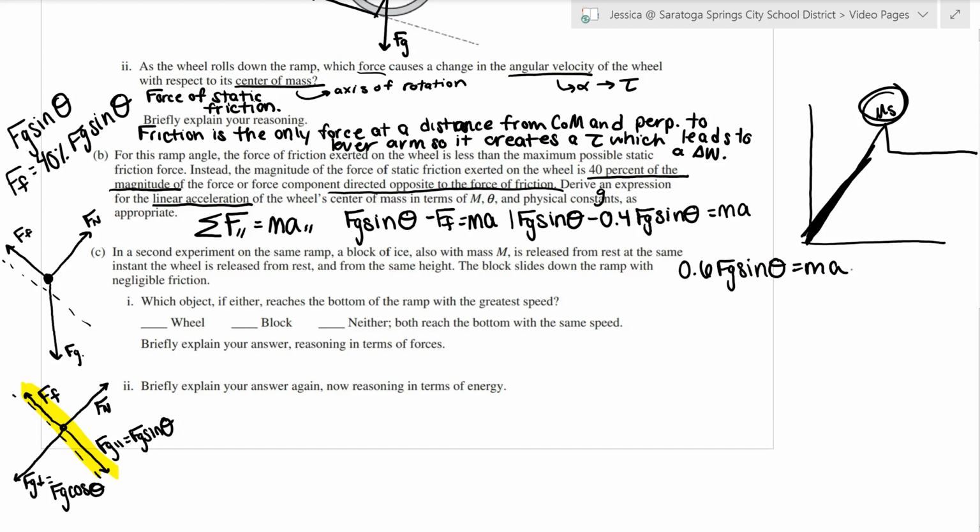Now, incorrectly, a lot of students will stop here, forgetting that they can only have m, theta, and g. Fg is not an allowed variable, so we have to turn that into mg sine theta, which then shows us that the masses cancel, and we're left with 0.6 g sine theta is the acceleration.